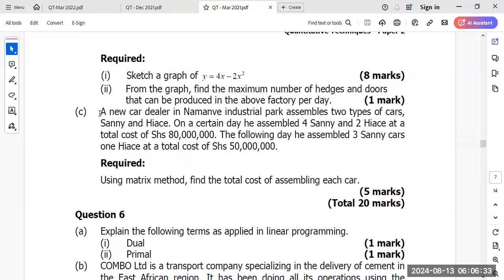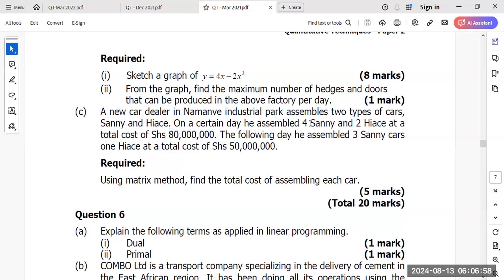So they are telling us that a new car dealer in Namanve Industrial Park assembles two types of cars, Sunny and Easy. On a certain day, he assembled 4 Sunny and 2 Ice at a total cost of shillings.